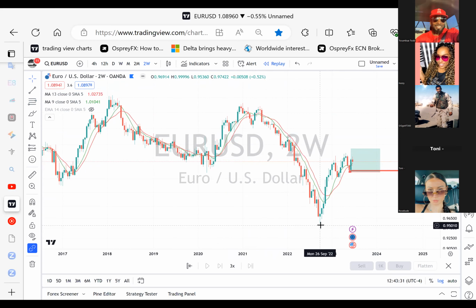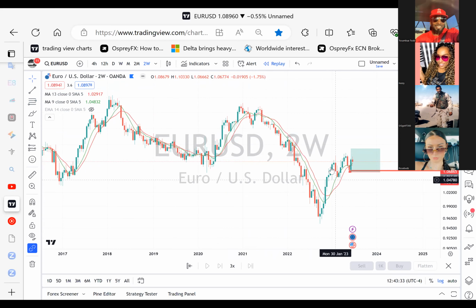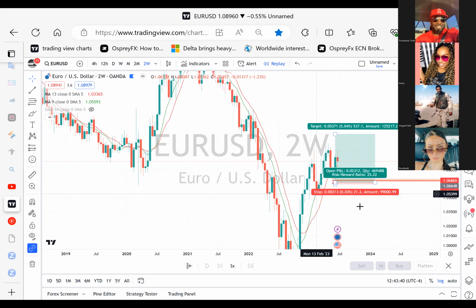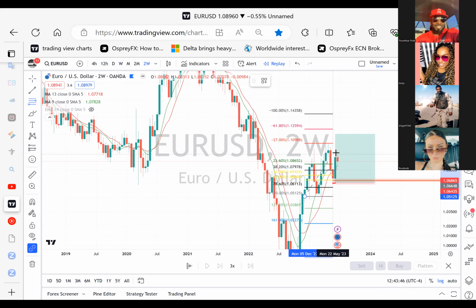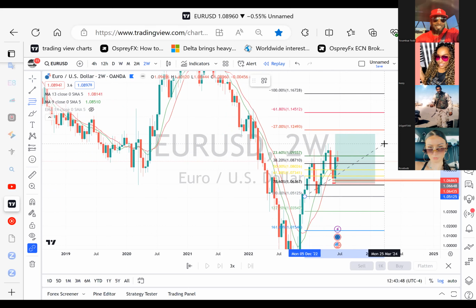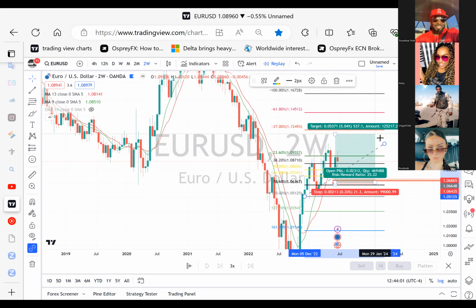If I fib this move, from this pullback here, this is what gave me this entry over here. There's a 78. Bam. Now the negative 27 is here, right where I think price needs to go.